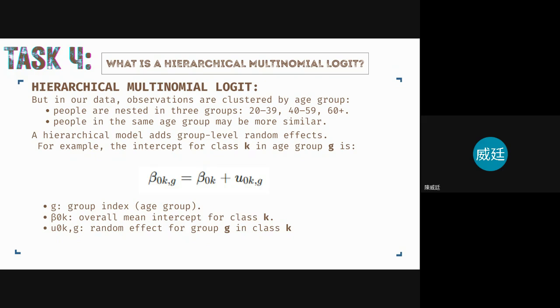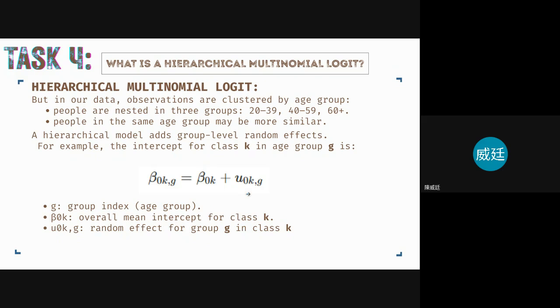So in this test, we use a hierarchical multinomial logit. Intuitively, it is a usual multinomial logit plus 1 extra level for a group-specific random effect. For example, for the intercept of class k, we allow each age group to have its own shift, like this.